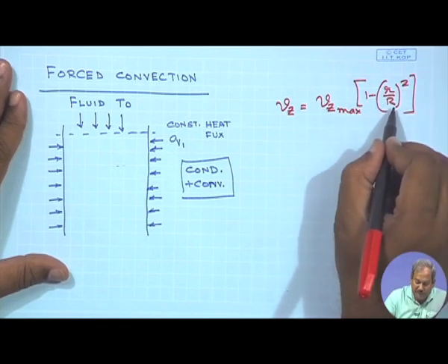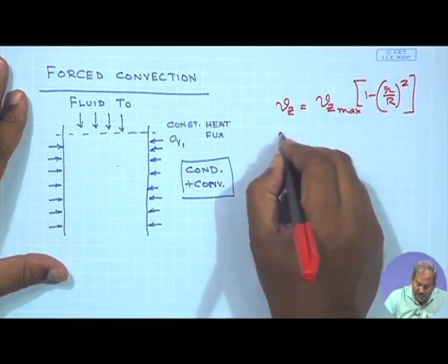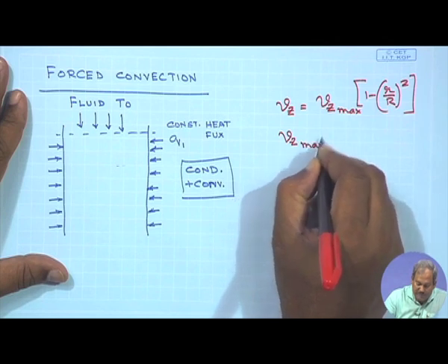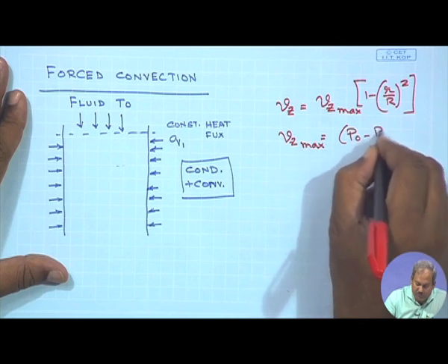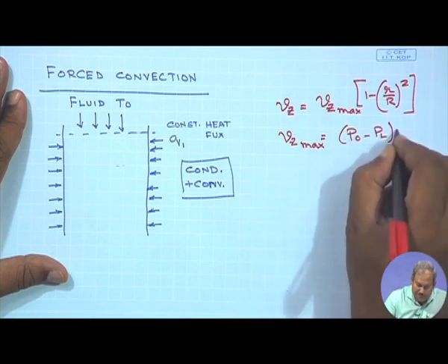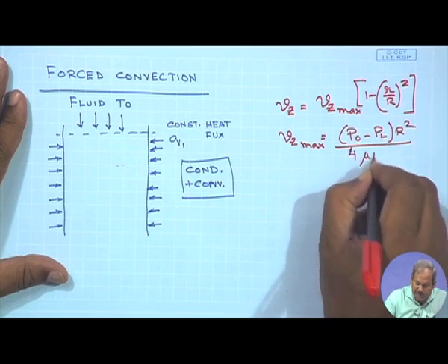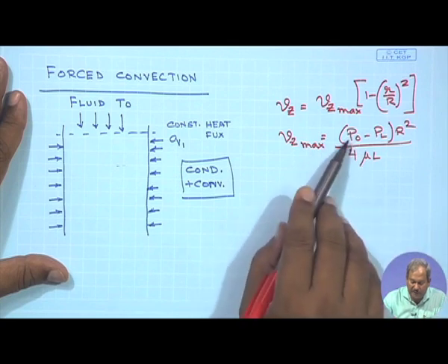So, this is the parabolic distribution of velocity, and Vz max, the maximum velocity, which obviously takes place at the center line, is expressed in terms of the pressure, and if you remember correctly, this P0 contains the effect of both the imposed pressure and gravity.